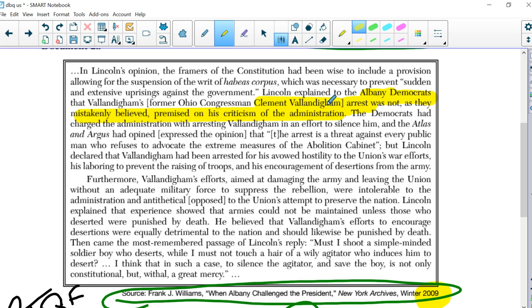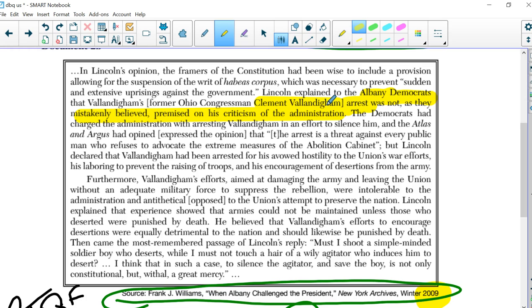and that's what was happening here. "But Lincoln declared that Vallandigham had been arrested for his avowed hostility to the Union's war efforts, his laboring to prevent the raising of troops." Remember, that's what we said in the first one. That was one of the reasons. "And his encouragement of desertions of the army.